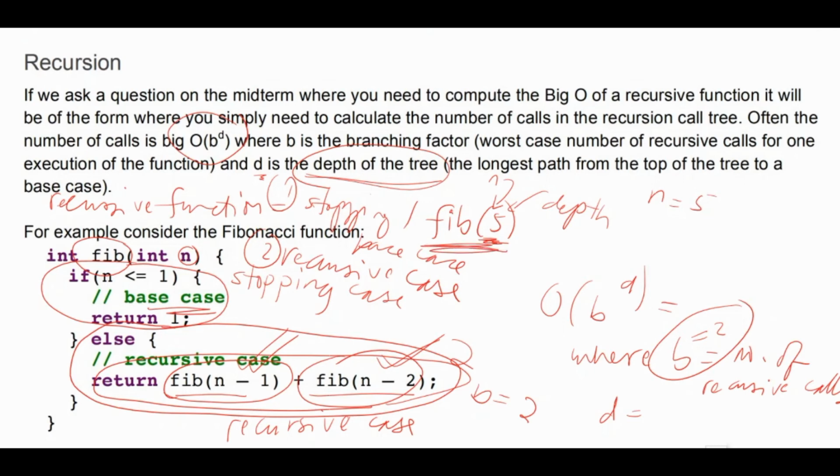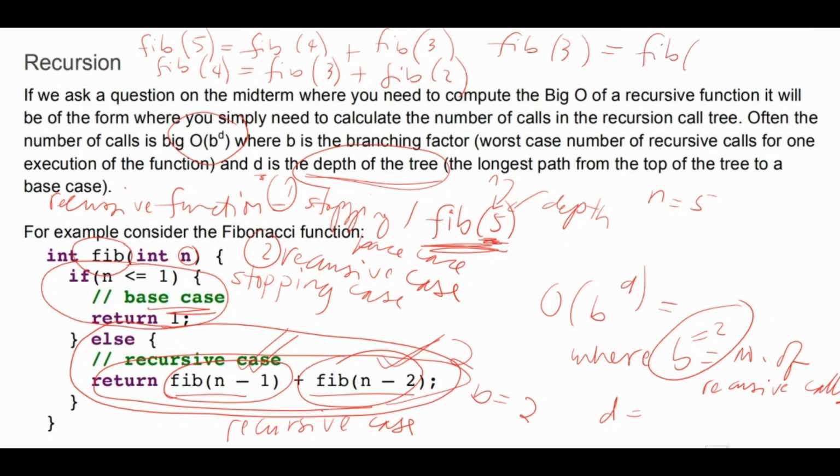So if this is the original call, fib5, what is the depth of the recursive call? So the original is fib5. This would give you fib4 plus fib5 minus 2 is 3, right? And then fib4 is fib3 plus fib2. And then fib3 is fib2 plus fib1.